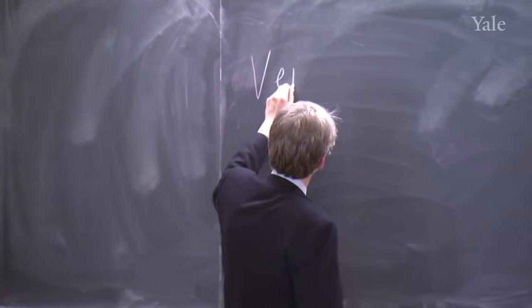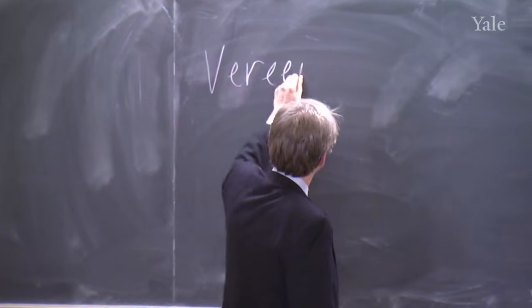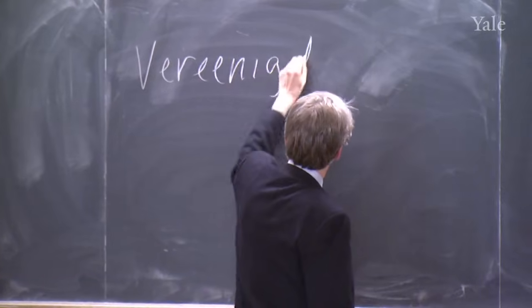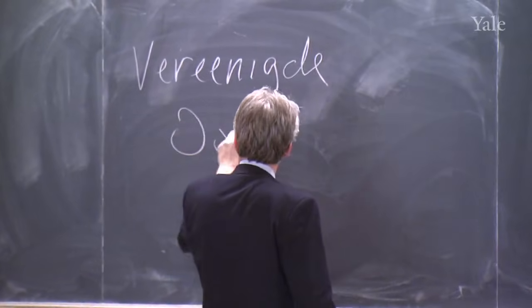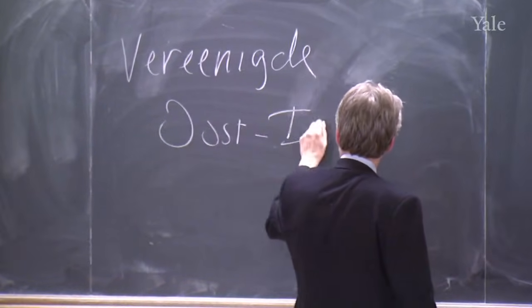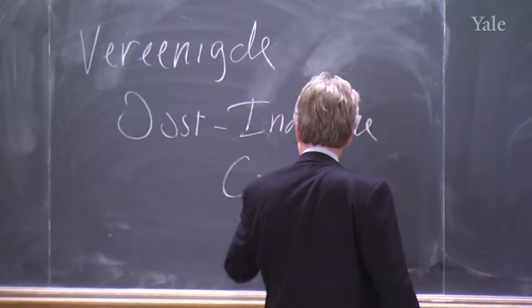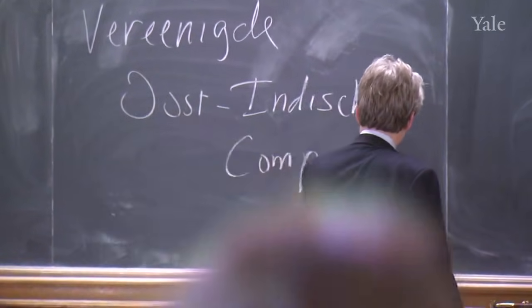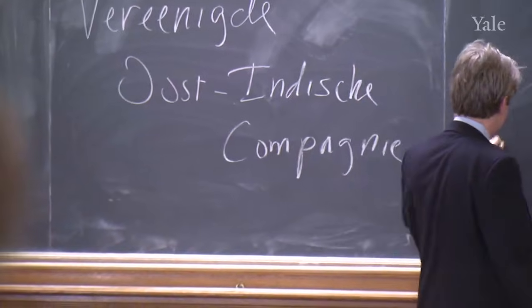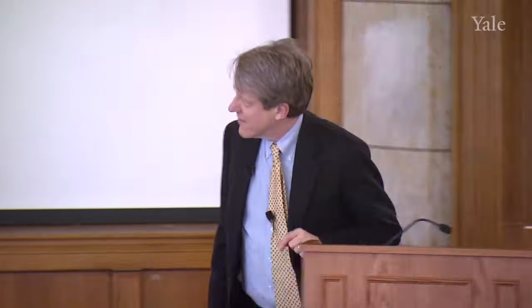And it was, see if I can spell it right, Verenigde Oost-Indische, I might be misspelling this, Compagnie, 1602. Did I get that all right? I think I got it right, yeah. That's Dutch for the United East India Company.